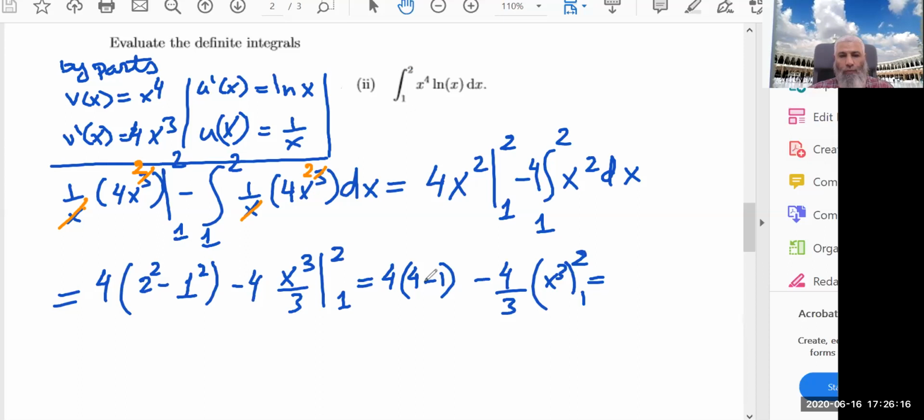So this is 4 multiply 3, which is 12. Yes. Minus 4 over 3 times 2 cubed minus 1 cubed, from 1 to 2.